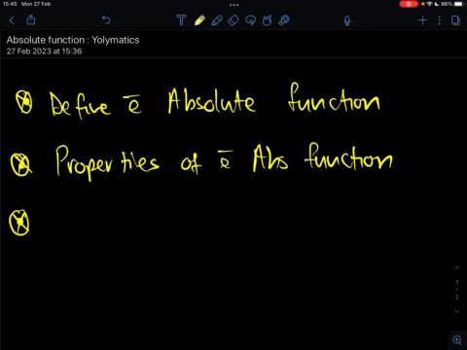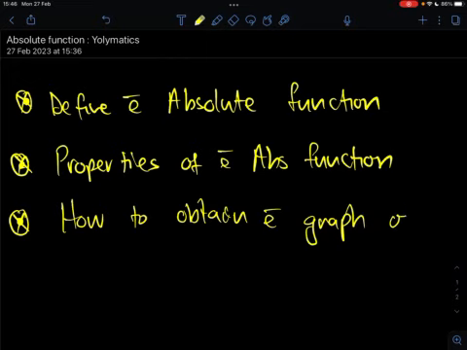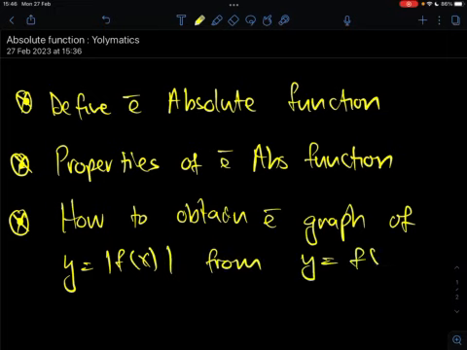Then the last part will be to understand how to obtain the graph of y = f(x) from y = f(x), like that. So these are the three things that we'll try to look at in this lesson.